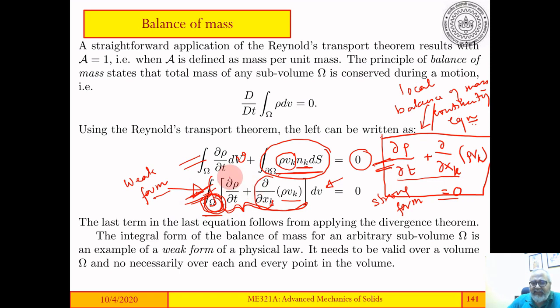If that is the case, then this integrand has to be zero at each and every volume, and this statement leads to my strong form. So unless I can make this assertion that the weak form has to be valid for each and every volume in the body, no matter how small, I cannot apply the localization argument.